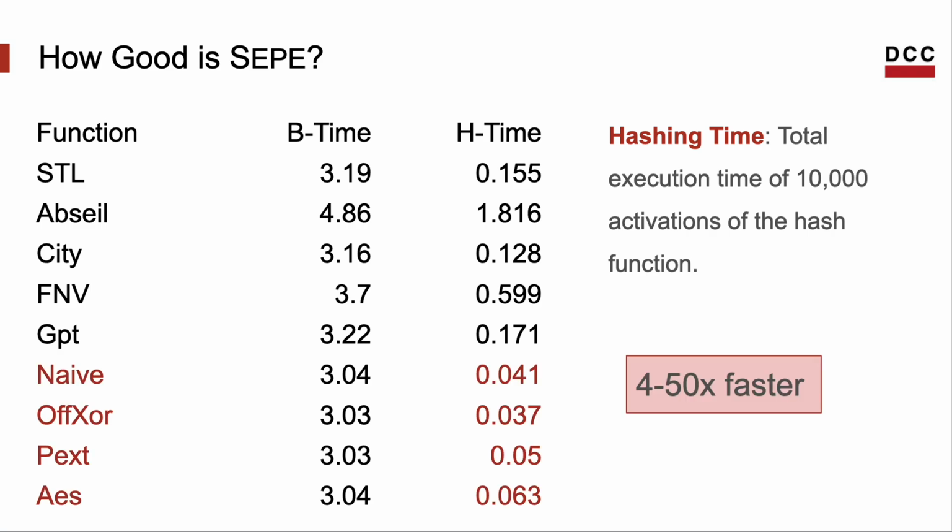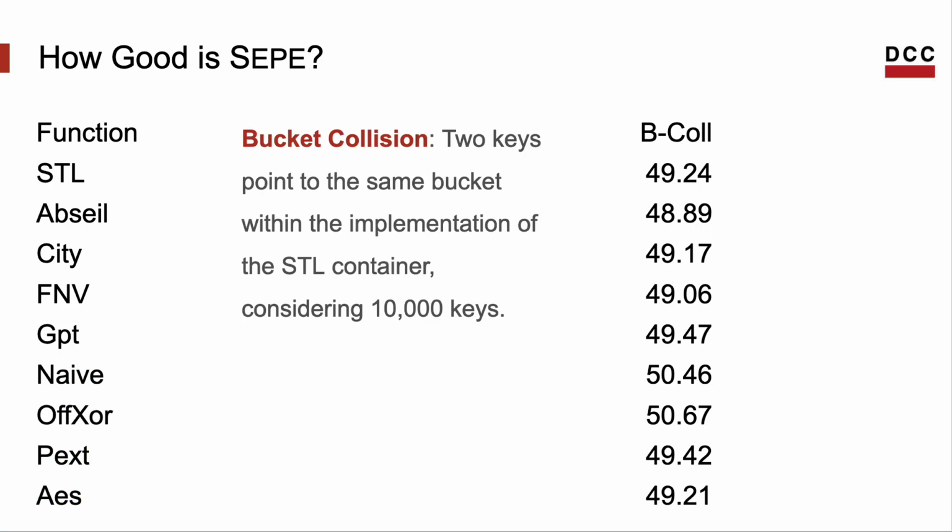In this case, you see our functions are very fast. They outperform the STL functions by 4, sometimes by 50 times, like they are 50 times faster than Abseil. And let's count collisions. This number more or less aggregates the number of elements that fall onto the same bucket, because these data structures store data into buckets. You can have lots of data in the same bucket.